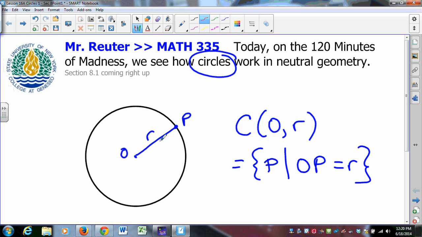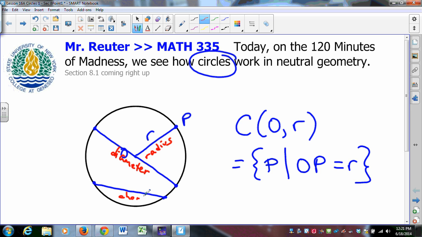So this segment is called the radius. If we were to draw a line segment from the circle to the circle through the center, that is called a diameter. We could talk about a chord. A chord is any segment with its endpoints on the circle.